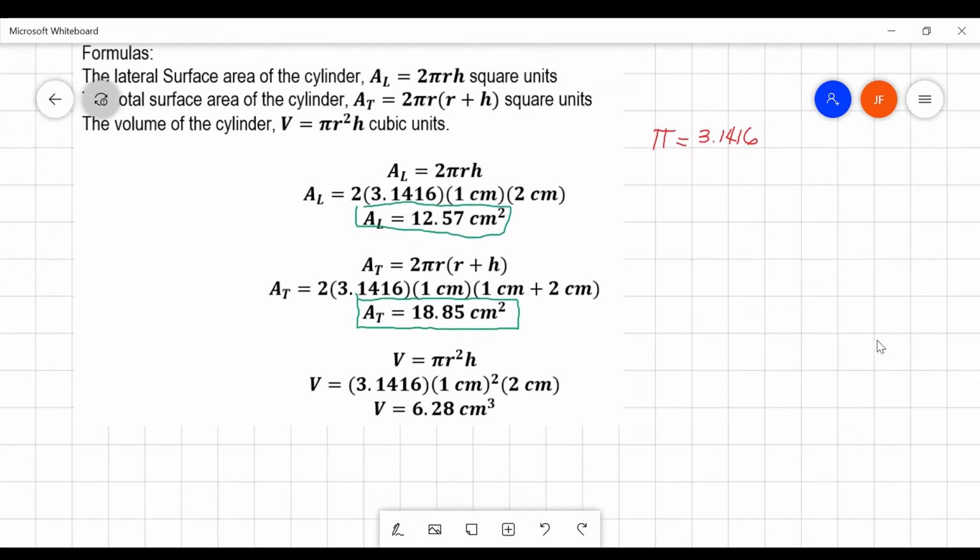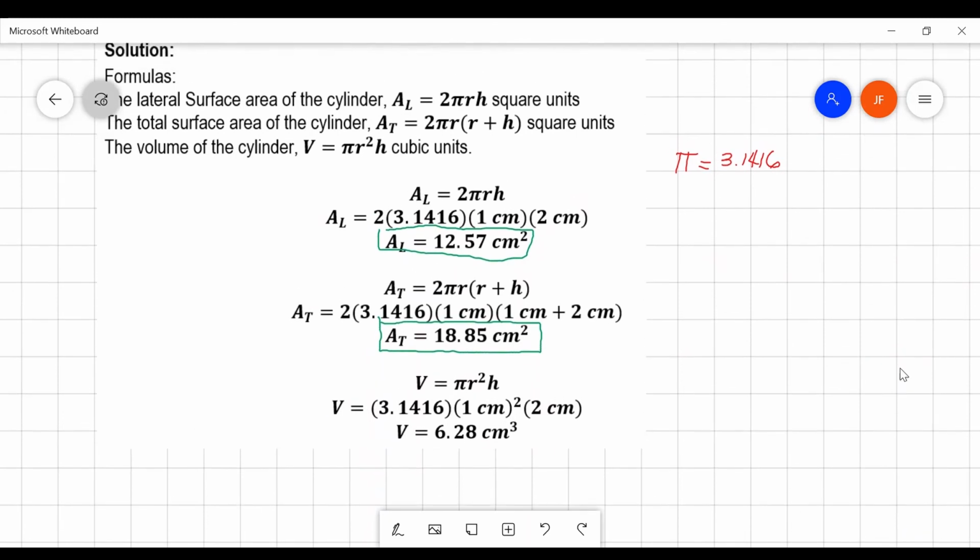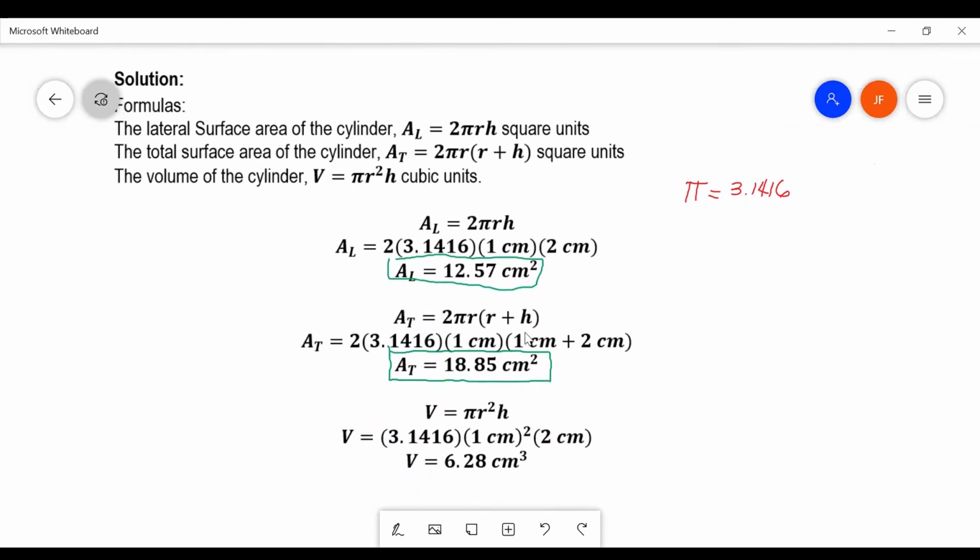The last thing we are going to find is the volume of the cylinder. The formula for the volume of the cylinder is pi r squared times height. Values are the same, so we still use the approximate value of pi, which is 3.1416. Substitute the values given.